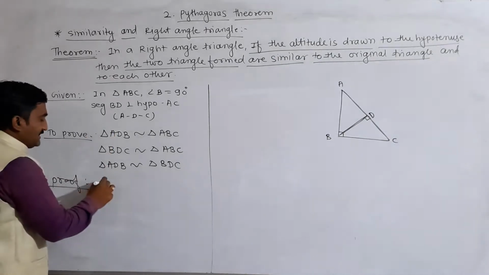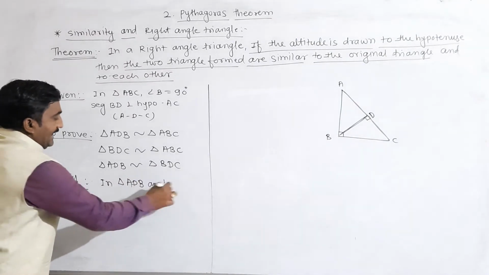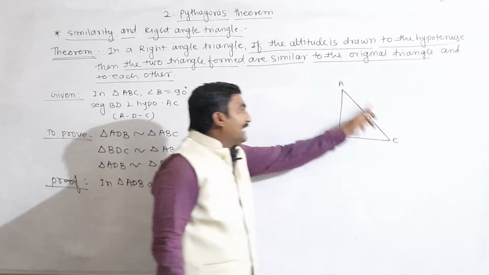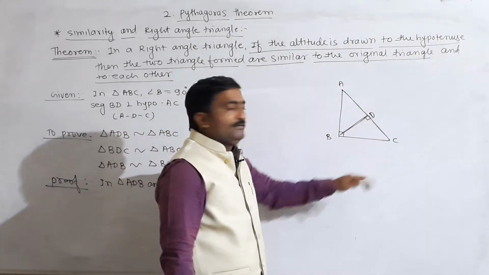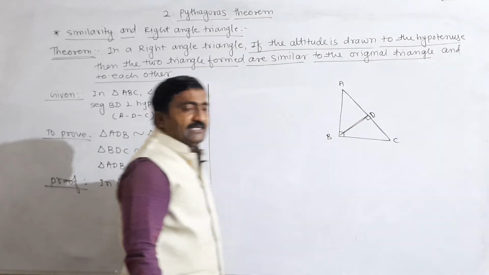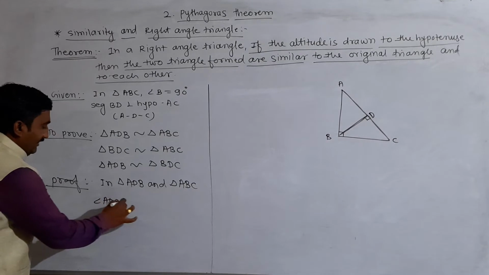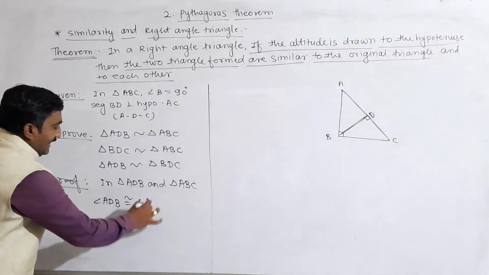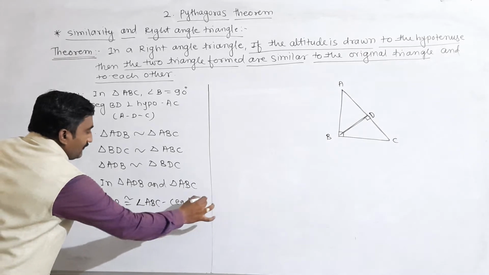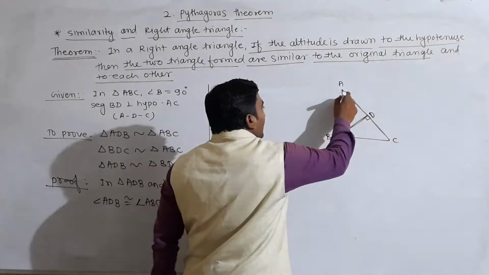First, in triangle ADB and triangle ABC, observe the figure. Here angle B is a right angle and here angle D is a right angle. So we can write angle ADB is congruent to angle ABC, reason: each 90 degrees. Then in both the triangles, angle A is common.